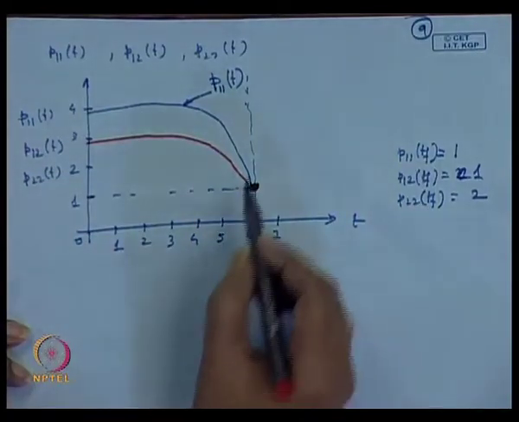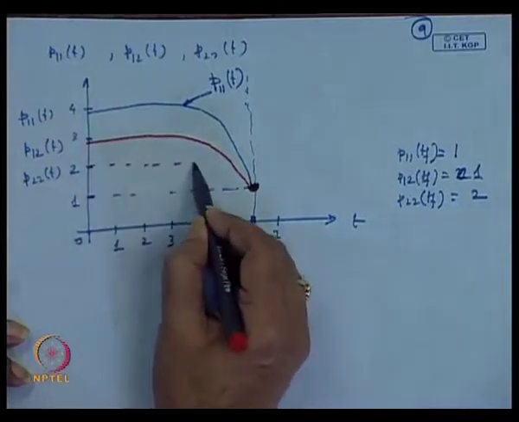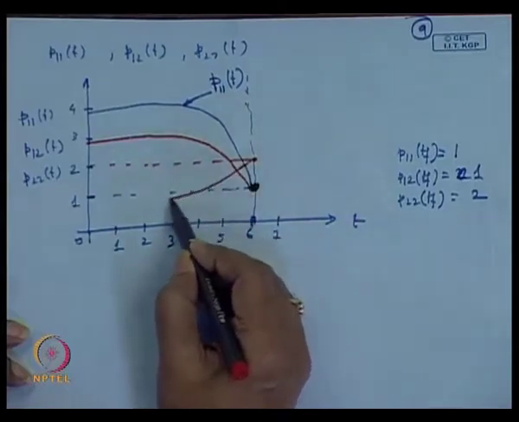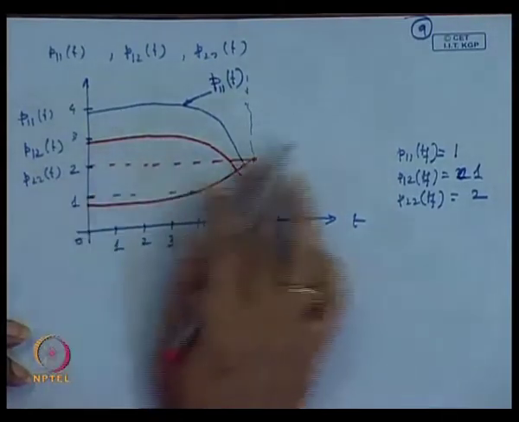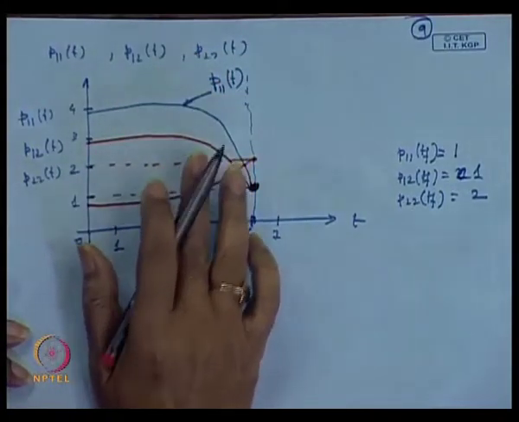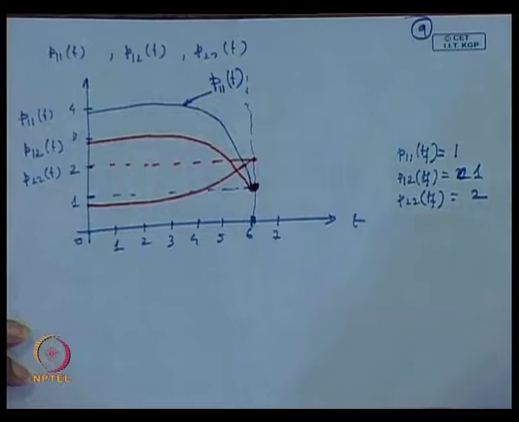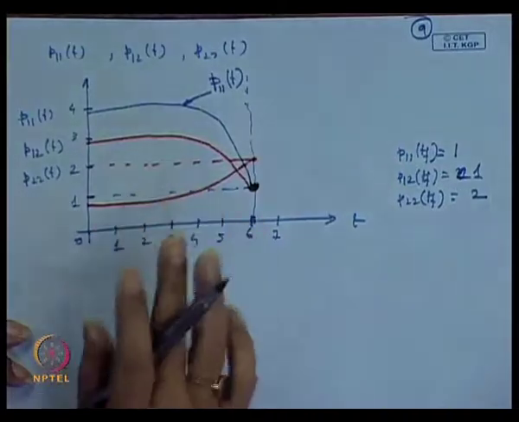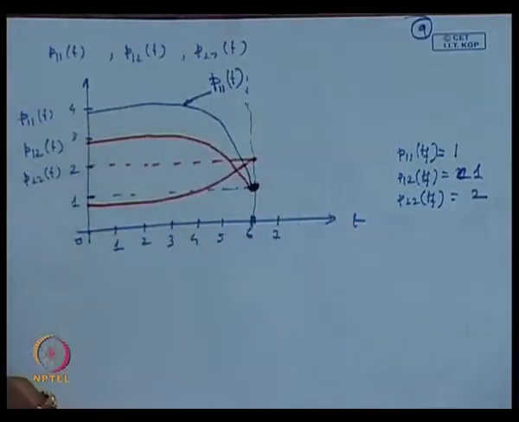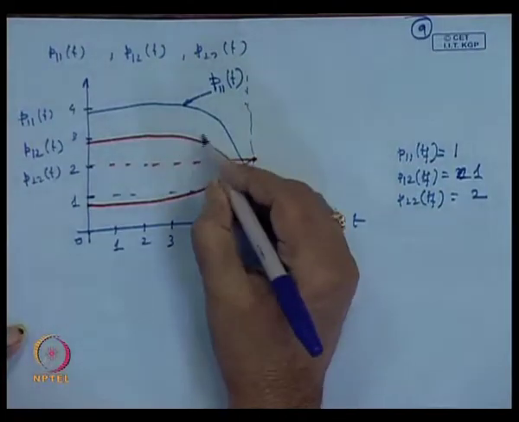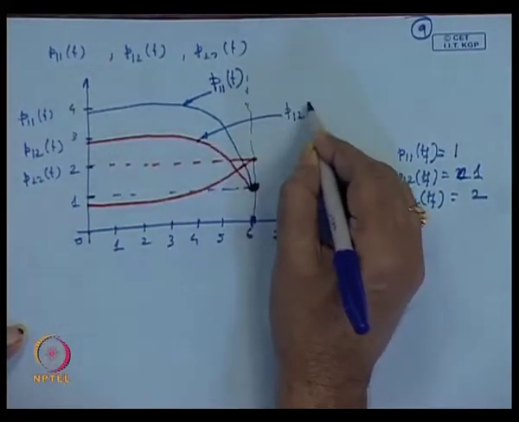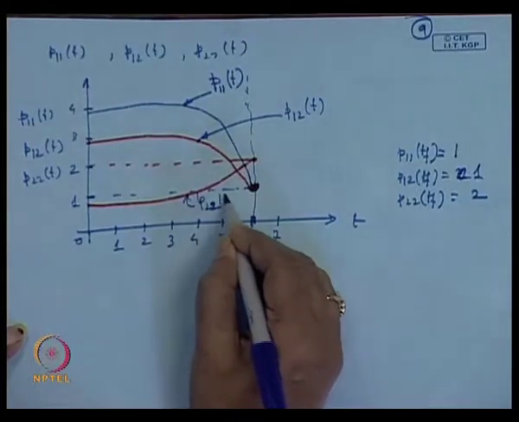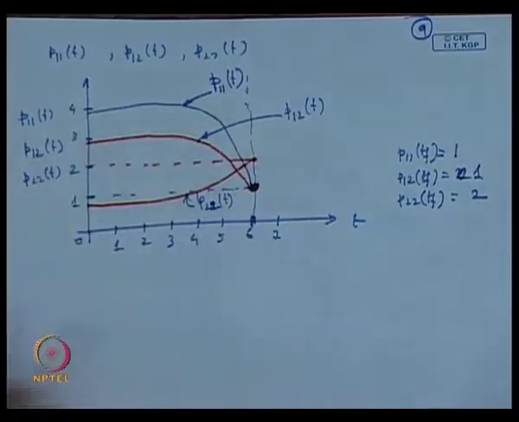P 2 starts from 2 here, with a solution something like this. I am only showing the nature of the solution; it is not the solution corresponding to the problem we are now discussing. This is the solution for P 1 of t, and this is the solution of P 2 of t.